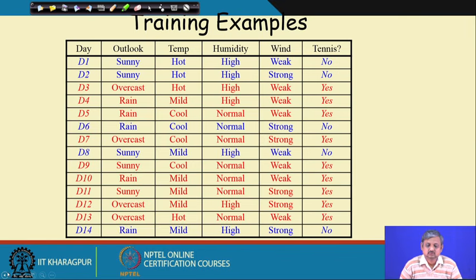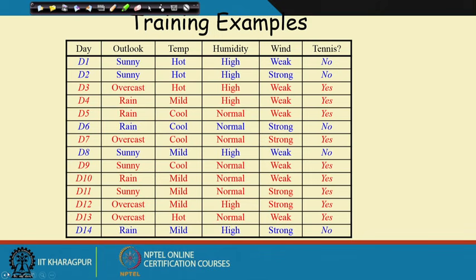Okay. So, each row in this table describes a day, and so there are D1 to D14, there are 14 days which are previous examples, and each day belongs to one of the two categories.